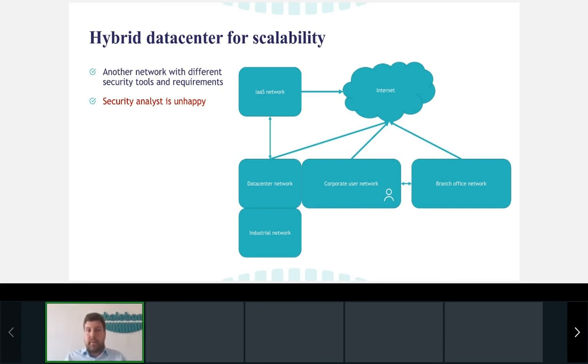But again, for the security analyst, this is quite a headache, because he has to probably look for some more cloud native security tools. Maybe he will be forced to use different technologies there rather than what they already have in the data center network.